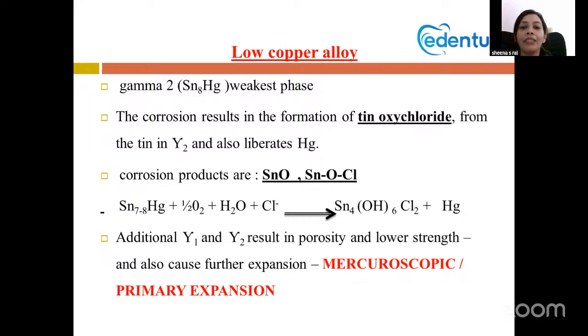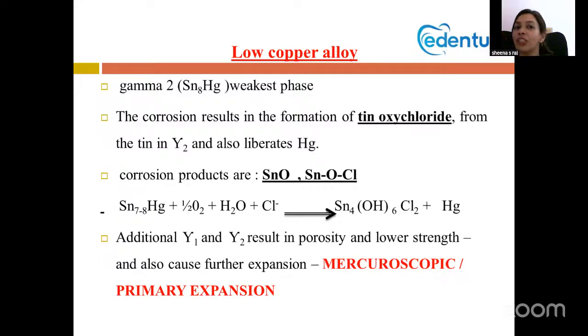The tin reacts with oxygen and chloride to form tin oxychloride, which is responsible for the corrosion of the low copper alloy. So the corrosion products are SnO and SnOCl. This is responsible for the macroscopic or primary expansion.